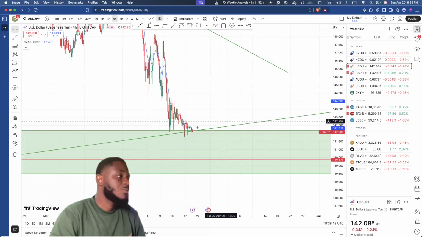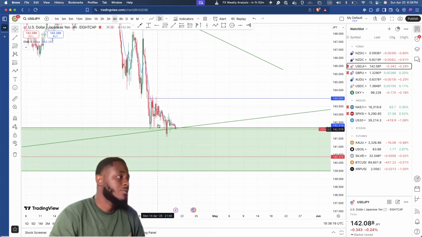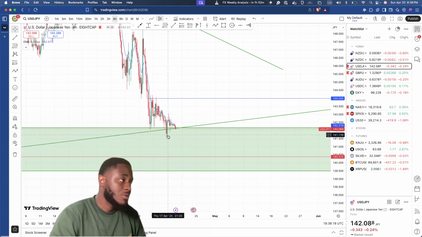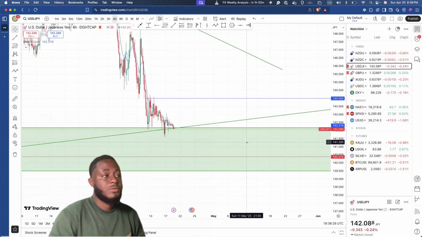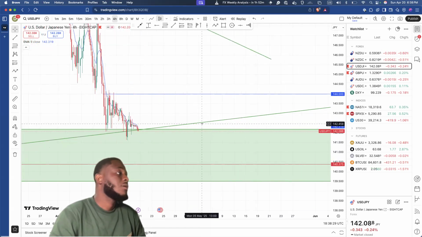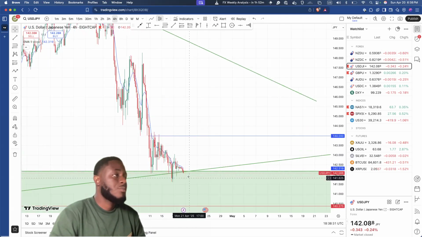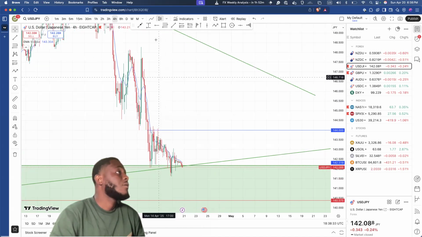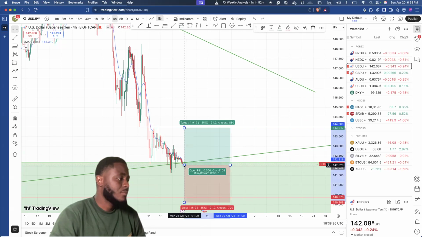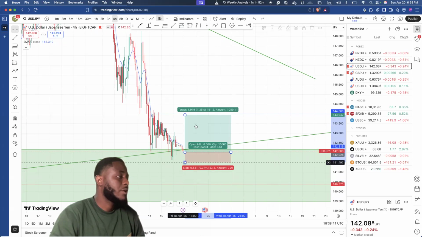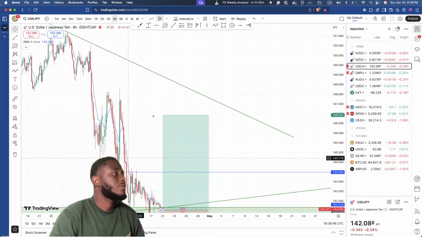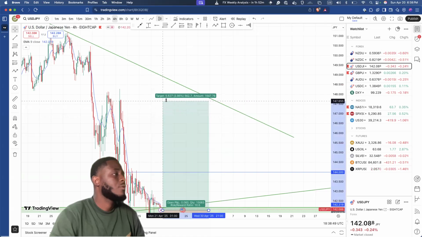Yeah, I'll just be looking out for confirmations tomorrow. Probably if I get a double bottom around here, and then other kinds of bullish continuation confirmations, then I would be looking out for a buy opportunity, probably somewhere around here, with my stop loss somewhere around here, and take profits all the way to the top.